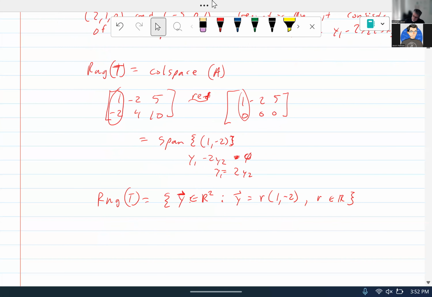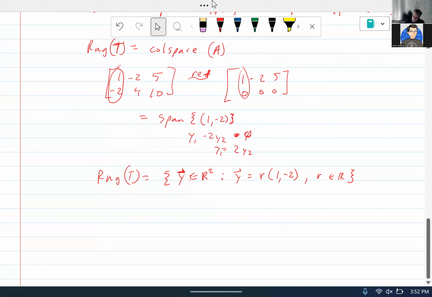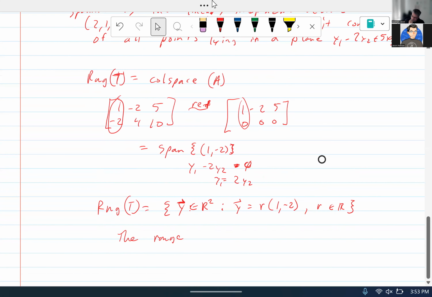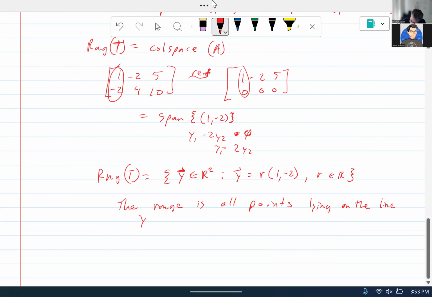Okay, so the range is all points lying on the line y1 equals 2y2, period.